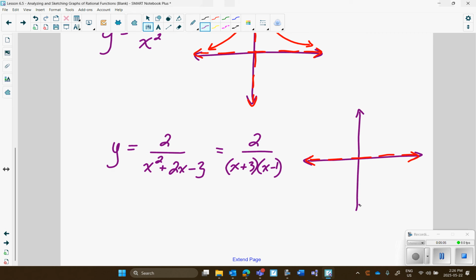But for the vertical asymptotes, there's two of them. Whatever value of x makes this 0, -3, and whatever value of x makes this 0, +1. So we're going to have one at -3 and one at 1.